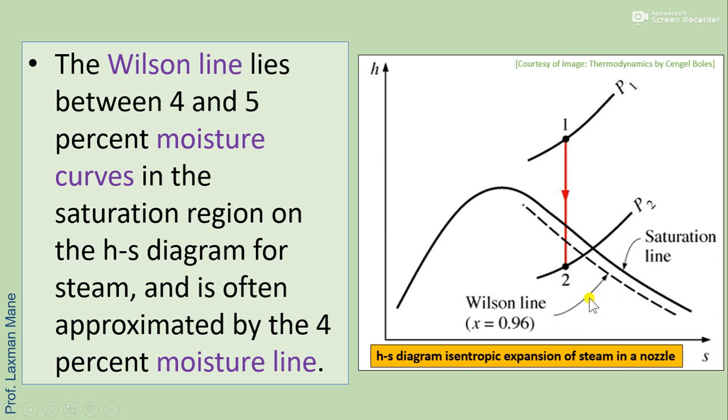Moisture curve means dryness fraction lines inside the dome. So the Wilson line lies between the 4 and 5% moisture curves in the saturation region on the HS diagram for steam and is often approximated by the 4% moisture line. The 4% moisture line means a dryness fraction value of about 0.96. This is x, that is dryness fraction.